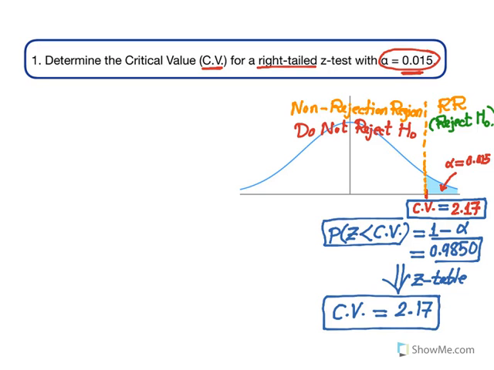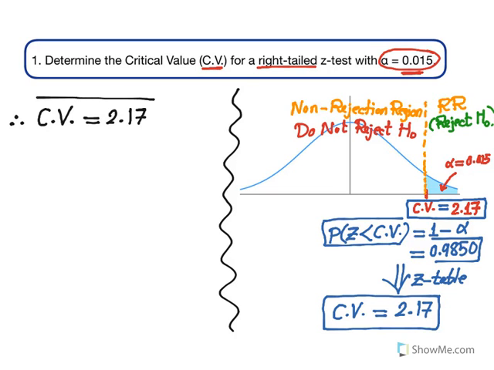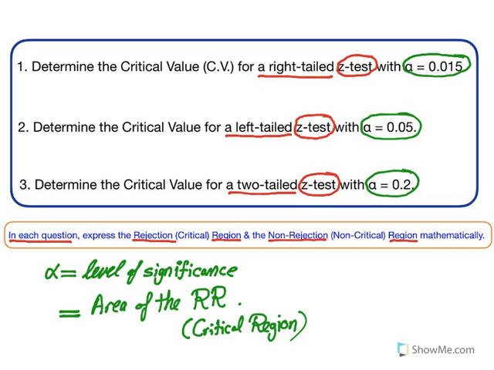This is a very important number for you now for this question because it will separate the rejection region from the non-rejection region. So you can say, therefore, the critical value for this question is equal to 2.17.